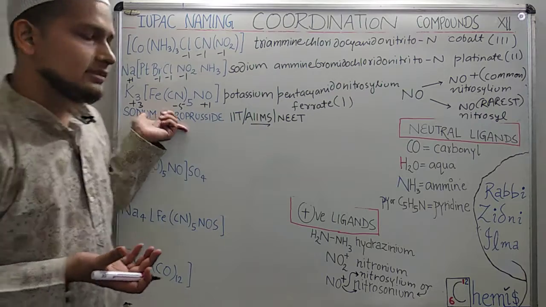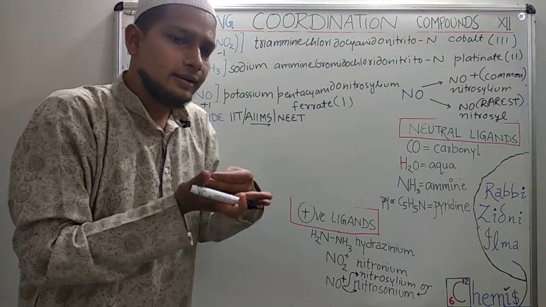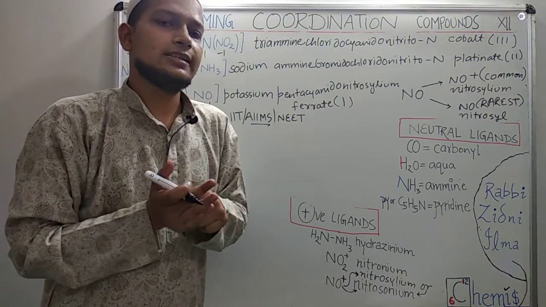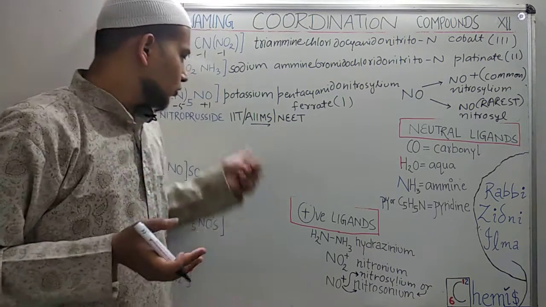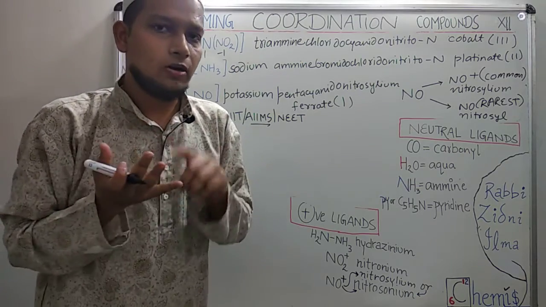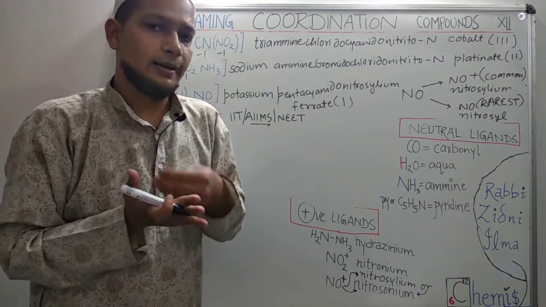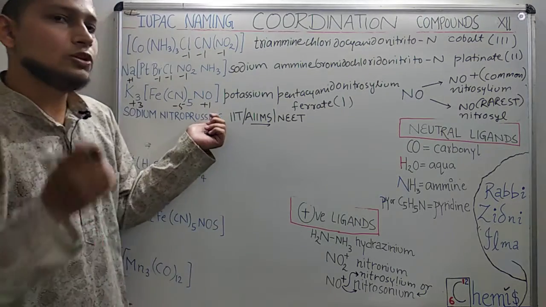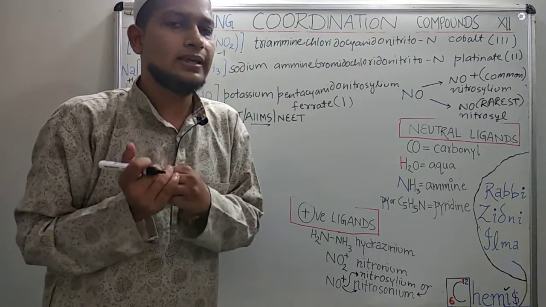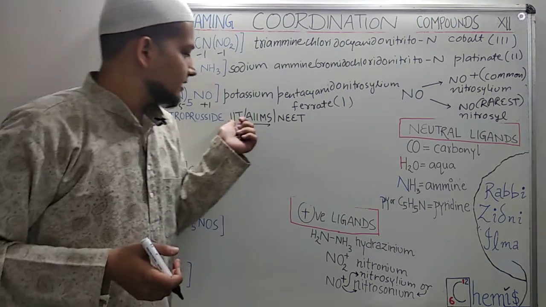Further, it was asked what is the oxidation state of iron in sodium nitroprusside. And in the last exam, it was asked what is the IUPAC name of sodium nitroprusside. Sodium nitroprusside is an important chemical complex because it is used as a medicine for high blood pressure, and it is also used to test proteins, or we can say thiol group in proteins. That is why it has been asked frequently.